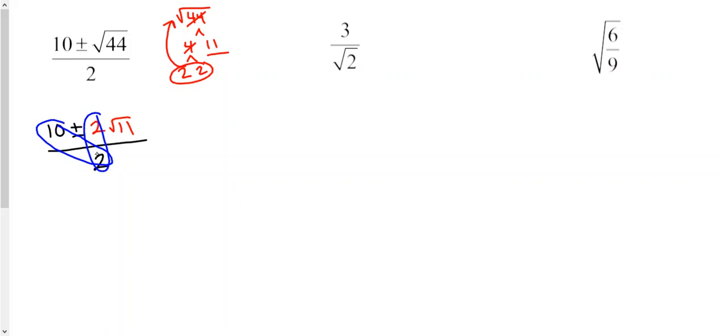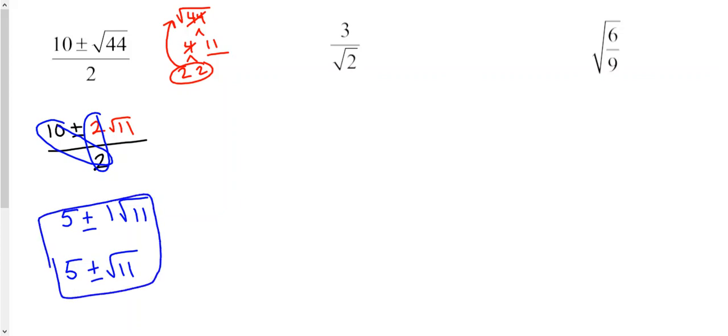So we'll do 10 divided by 2 gives me 5, plus or minus 2 divided by 2 gives me 1, and then we still have that square root of 11. This is perfectly fine to write your answer like this. You'll just most likely see it written as 5 plus or minus square root of 11, because we don't write imaginary ones in front. So either one of these will work.